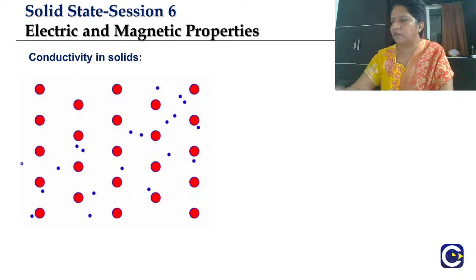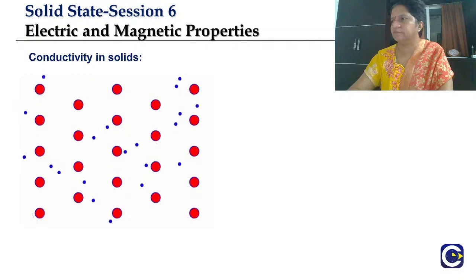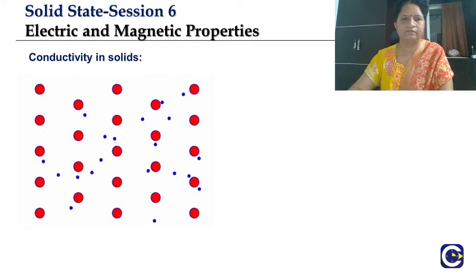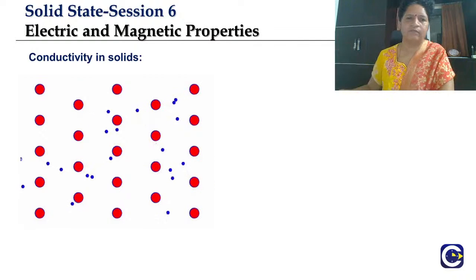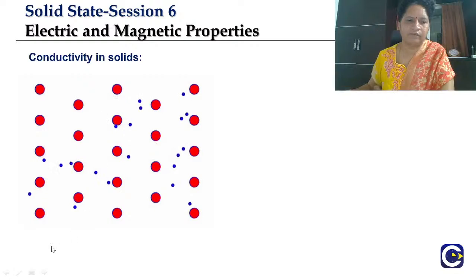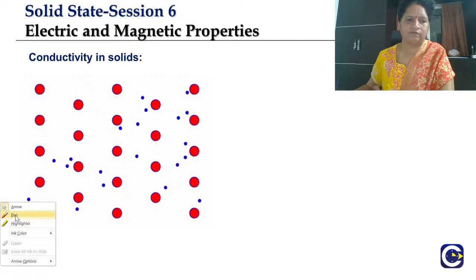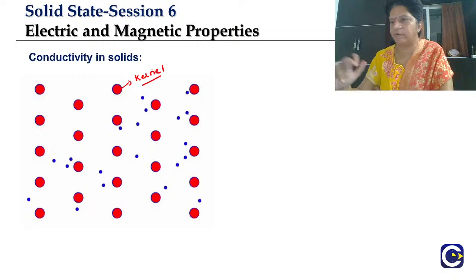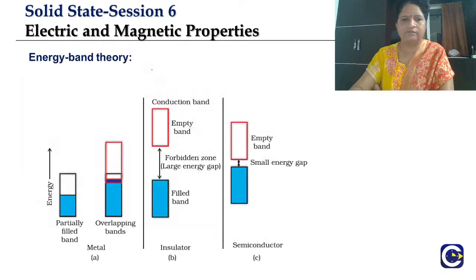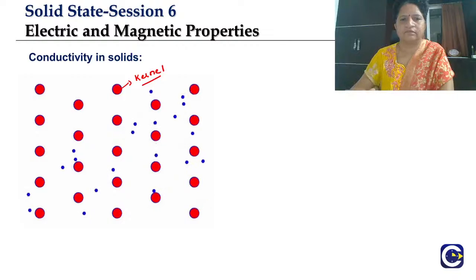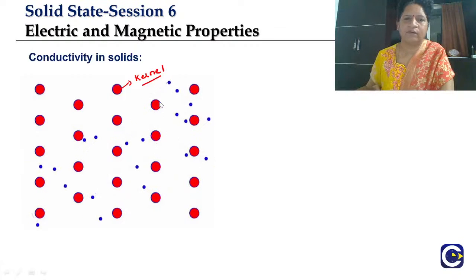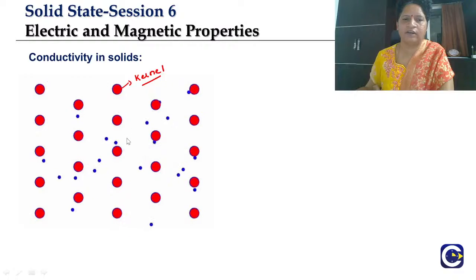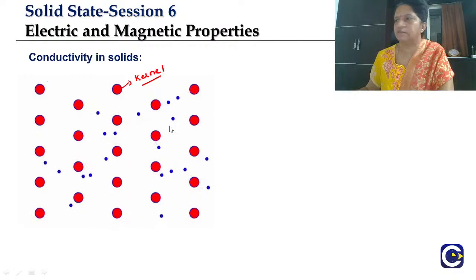It's almost like sand particles moving. It's moving from the remaining part of the atom without the valence electron. We call it the kernel. What is a kernel? Without the valence electron, whatever part is left, we call it a kernel. So it moves from one atom to the other atom, gets attracted.